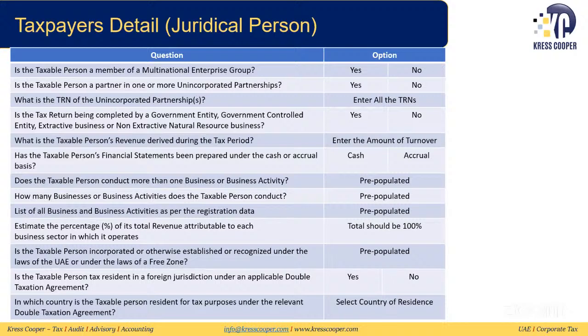Like we said, for a government entity it is the sovereign business, for a government controlled entity it is the mandated business, and the extractive or non-extractive natural resource business. Any business apart from this which these entities are doing, they will have to fill the normal return form. So you will have to mark it yes here, and more questions will come.